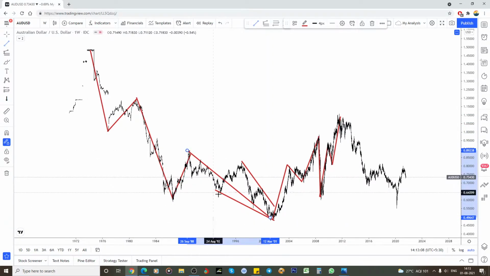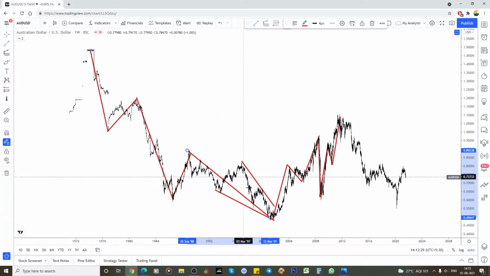The wedge formation will happen only in the C wave as an ending diagonal, or it could be in the fifth wave. So here this is wave 1, 2, 3, 4 and 5. This is also the fifth wave, which means this is an ending diagonal part.